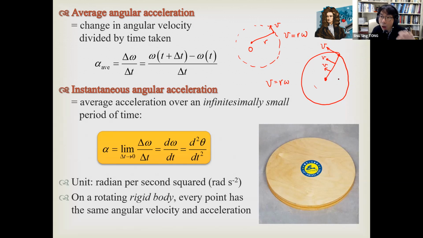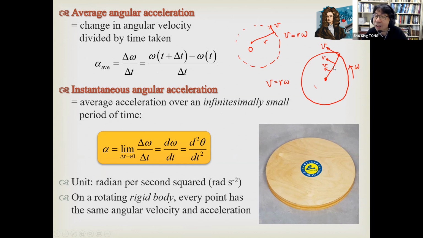All the particles of the disk rotate with a common angular velocity. The angle turned by a particle about the origin per unit time is the same for all the particles in the disk. So all the particles share the same common angular velocity, but the linear velocities are different. The linear velocity depends on the distance of the particle from the axis of rotation.